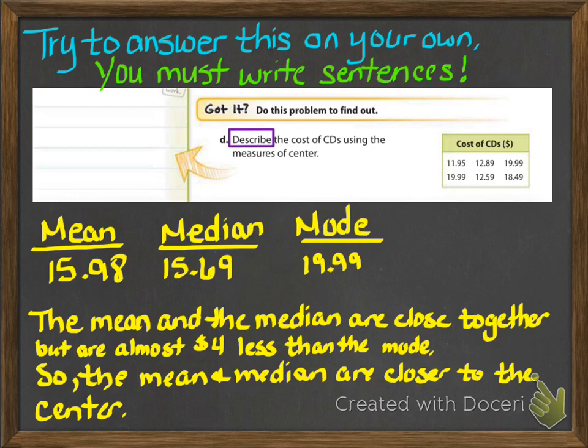So then if I sat there and thought about where my numbers were, like when I put them in order from least to greatest, I found that my mean and my median number were closer to most of the numbers, and what wasn't close to most of the numbers, which was not the center, would be my mode. So I put that the mean and the median are closer to the center, because I'm looking for my measures that are closer to where most of the numbers are on that one.